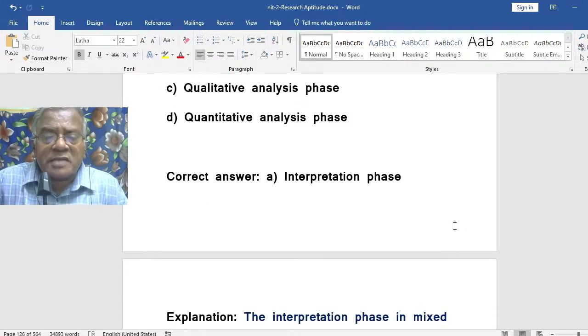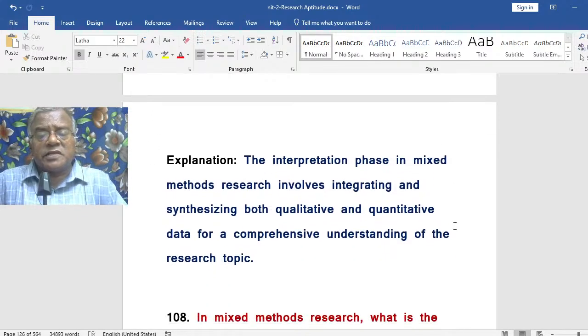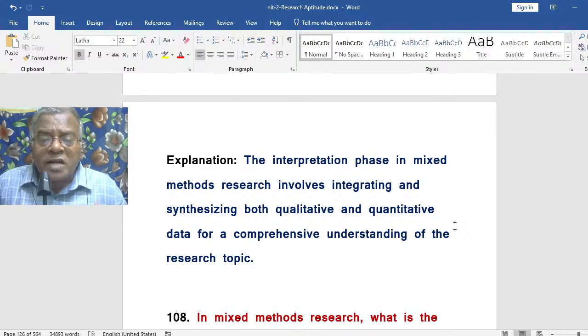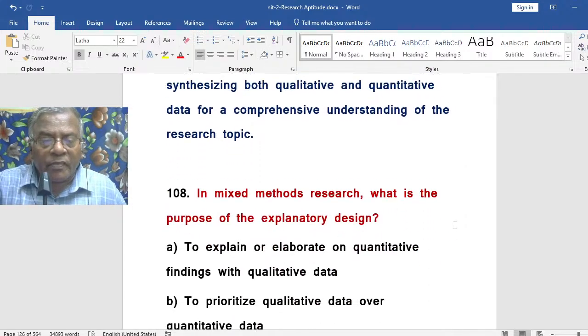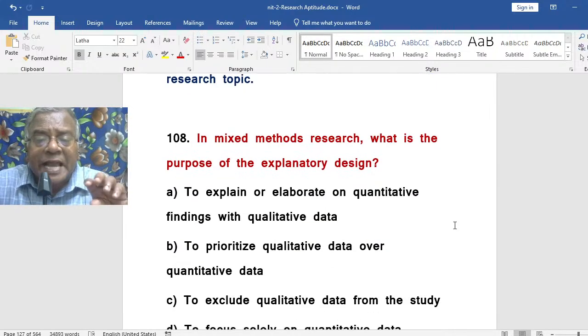Which phase? That is interpretation phase. The interpretation phase in mixed methods research involves integrating and synthesizing both qualitative and quantitative data for a comprehensive understanding of the research topic.